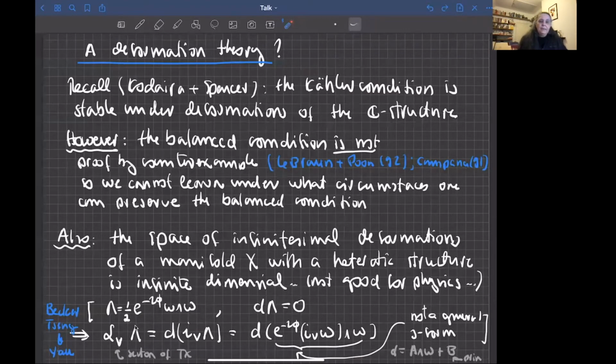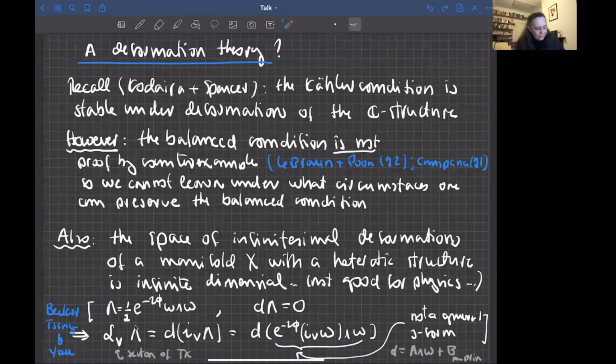However, the balanced condition is not. And the proof, unfortunately, is nice, but it's by counterexample. This was done in the early 90s by LeBrun and Poon and by Campana. It's nice to know this, but you cannot learn under what circumstances one can preserve the balanced condition.